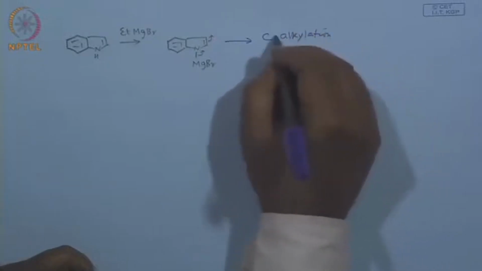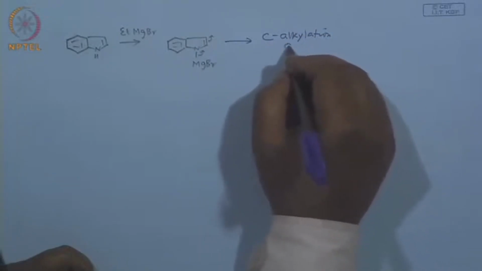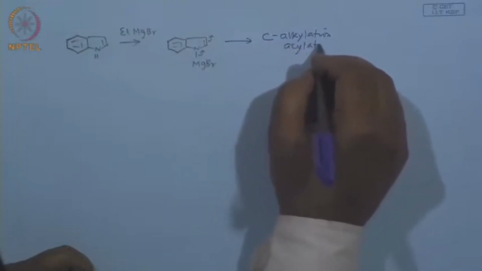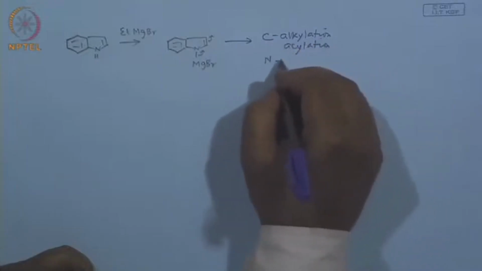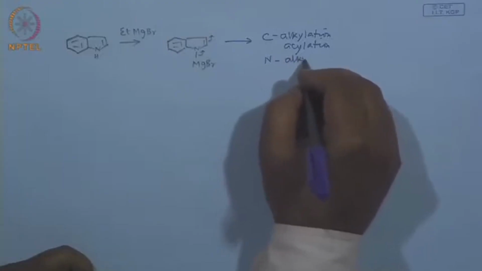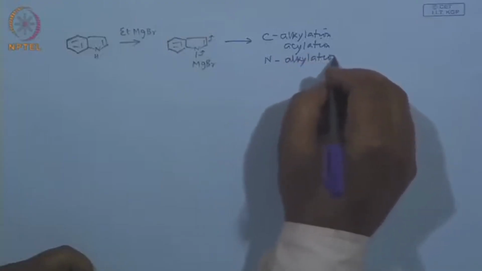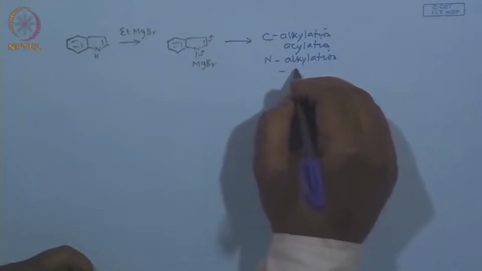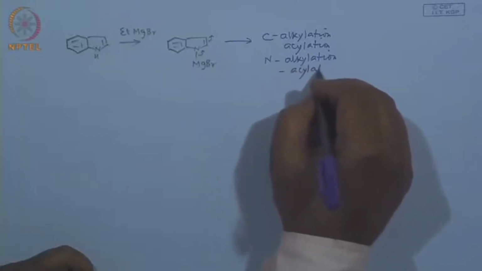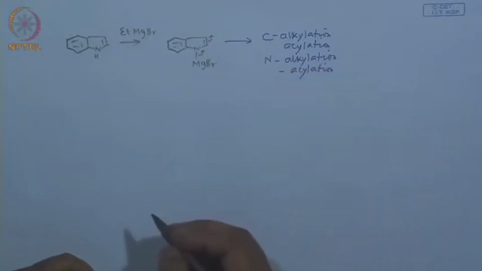There are C alkylations, acylations, all these possibilities, and similarly N alkylation and N acylations, all these reactions are possible. Okay, just giving you one example.